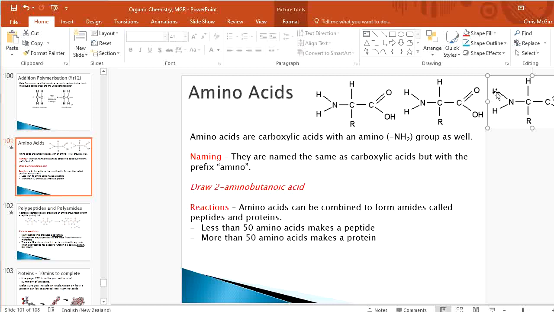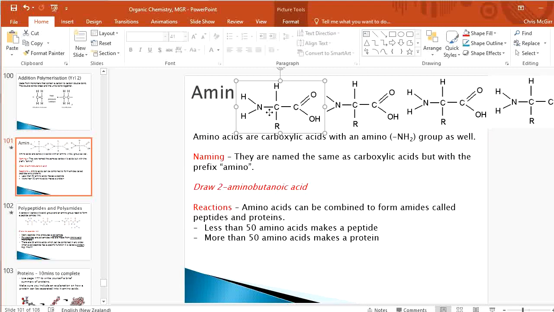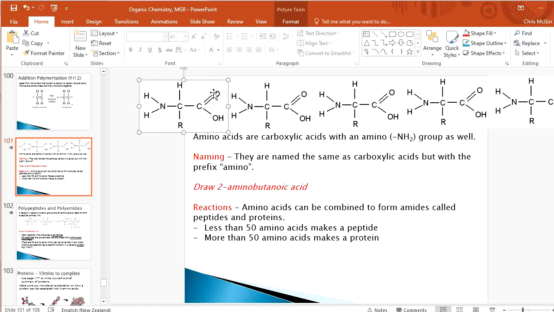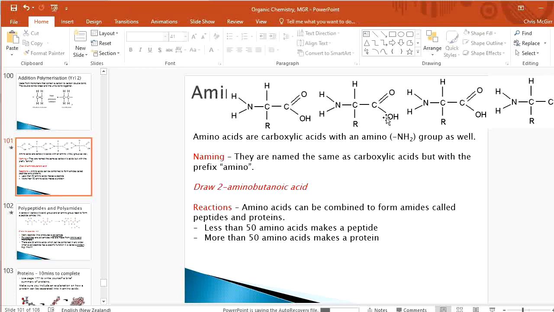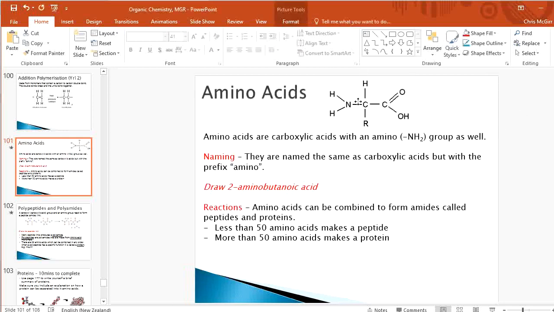Here is a carboxylic acid, here is an amine group, here is another amide, and we can just keep doing this. If I just copy and paste like this, what we get is an amide group here, here, here and here, making a polyamide. Poly meaning many, amide obviously the amide functional group.